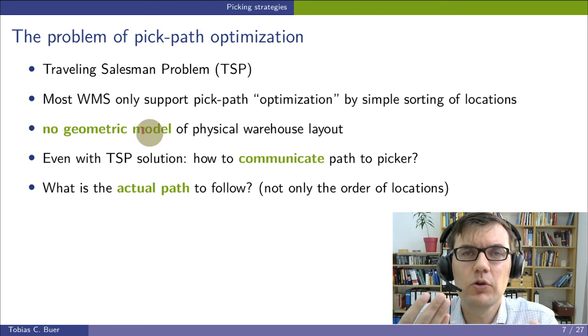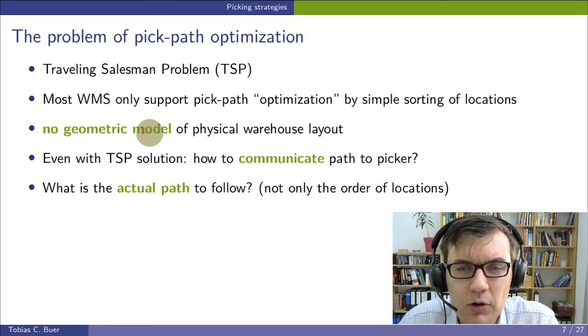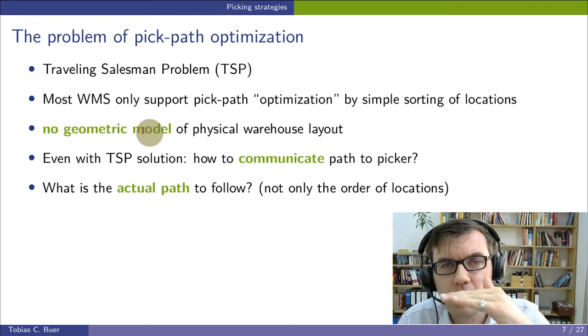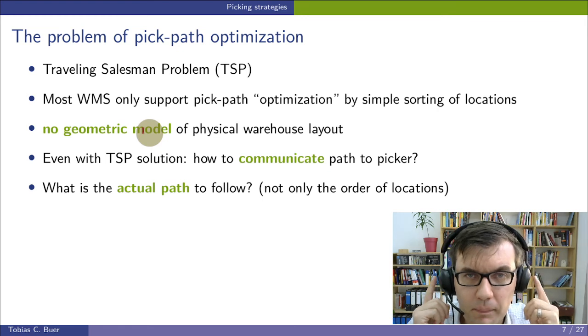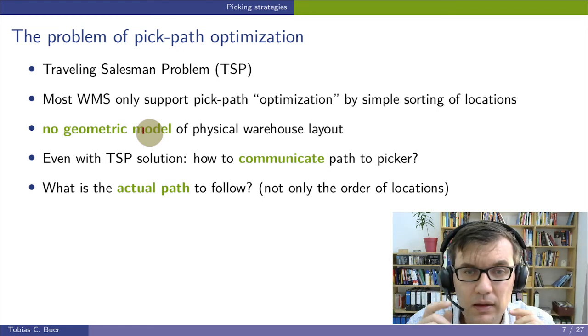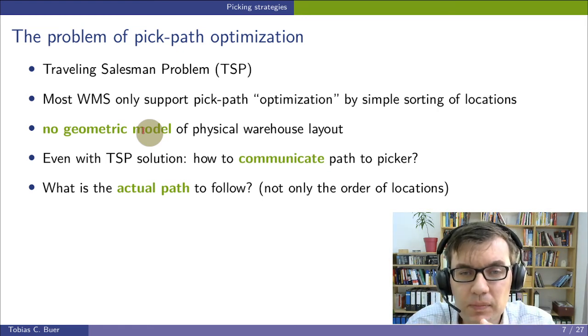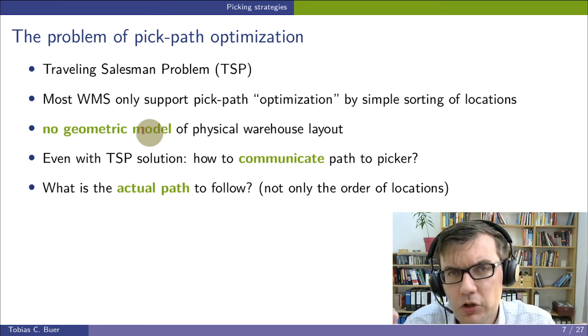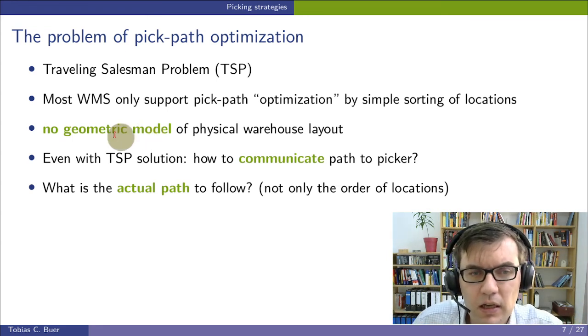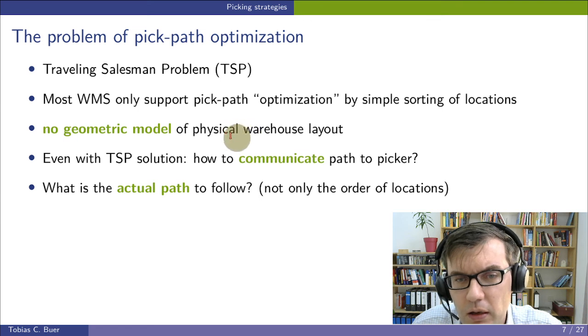Now, how do you communicate this information to the human? Will you give a sheet of paper? Will you use some headset and tell the order picker? It's difficult to communicate this information if you do not have a physical warehouse model.